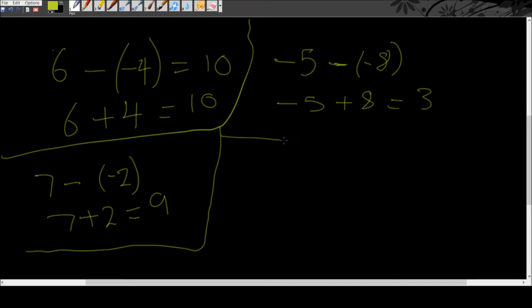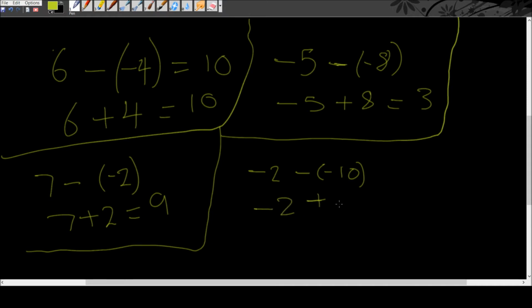One more example for those people that are sleepyheads. We've got -2 subtract a negative, let's have -8. Remember, subtracting by a negative will give you a positive. So -2 plus 8 is going to give you 6.